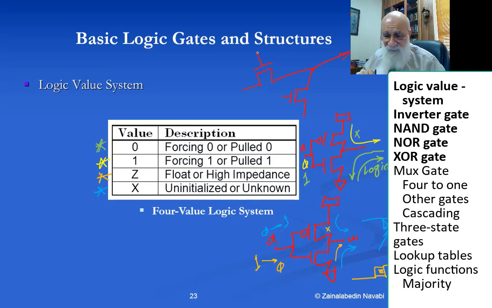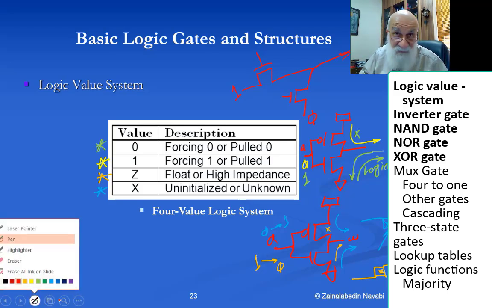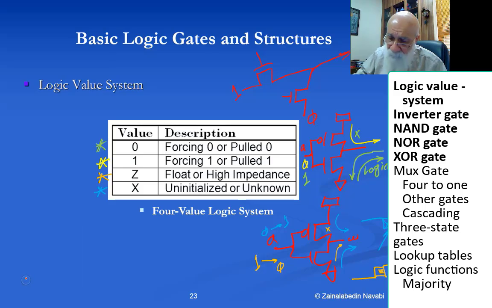We can do up to 4 values, right? If the two transistors are 0, 0, none of the two transistors will be conducting, and therefore the value on W is neither a 0 nor a 1, and it's not driven at all, and therefore the value on W becomes a Z.